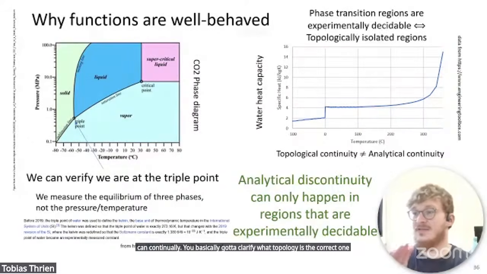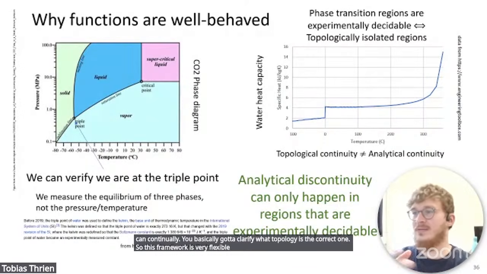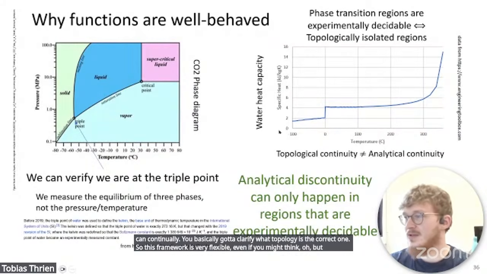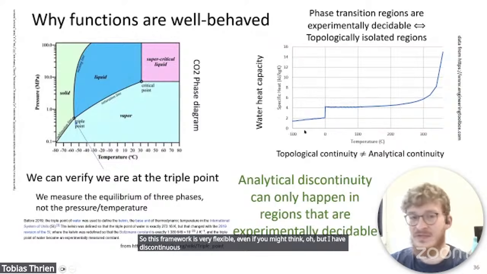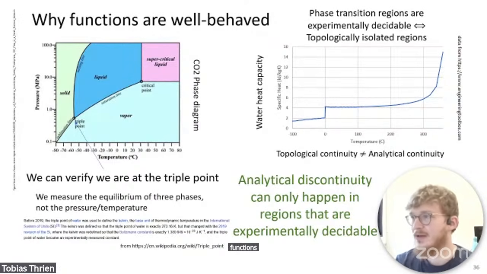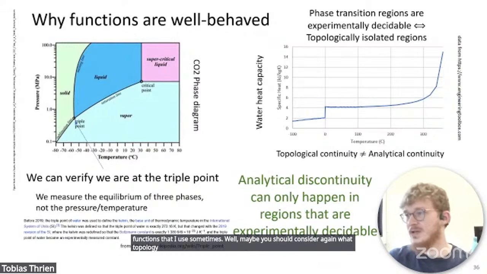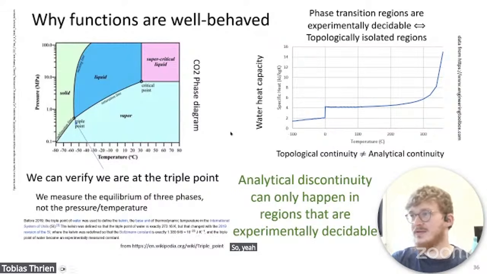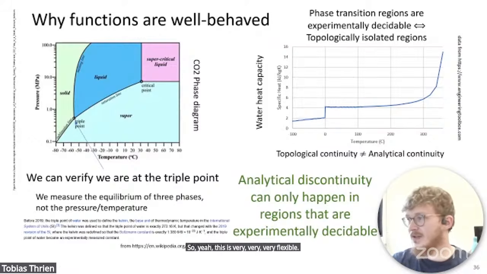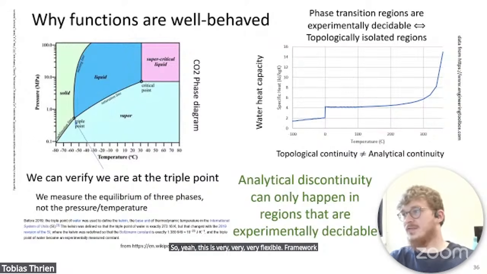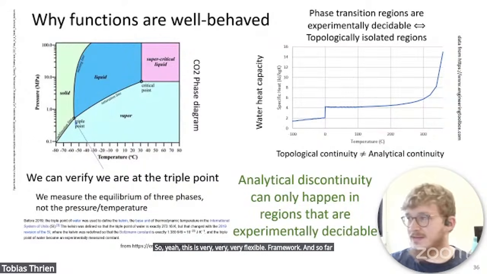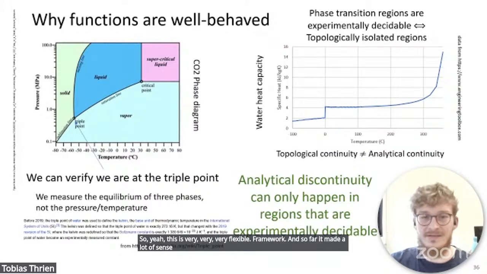So this framework is very flexible, even if you might think, oh, but I have discontinuous functions that I use sometimes. Well, maybe you should consider again what topology you're using. This is a very flexible framework, and so far it made a lot of sense in every case that we considered.